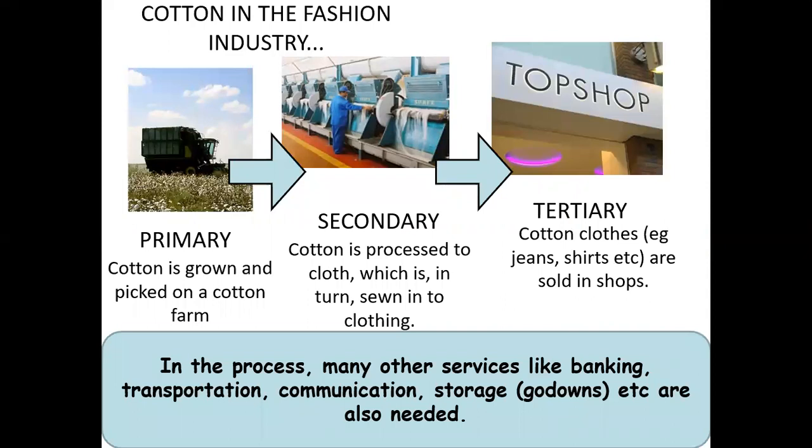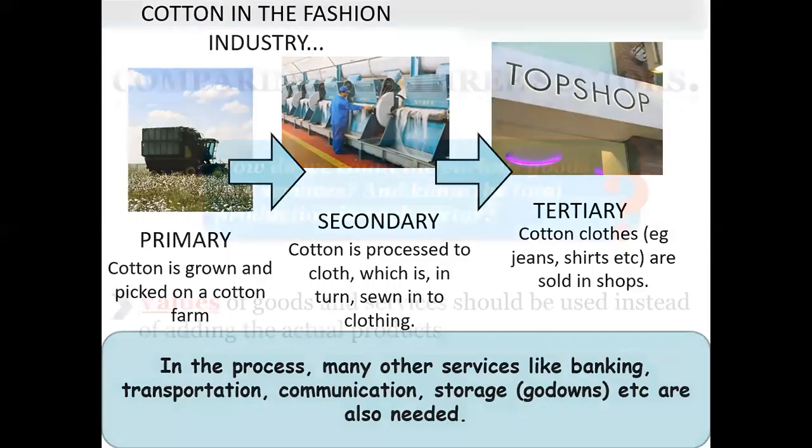And tertiary will be when these clothes are sold in the shop. In the process, many other services like banking, transportation, communication, and storage are also required. That will be the service sector, which again falls in the tertiary sector. All right, so this was a sum up of last time.